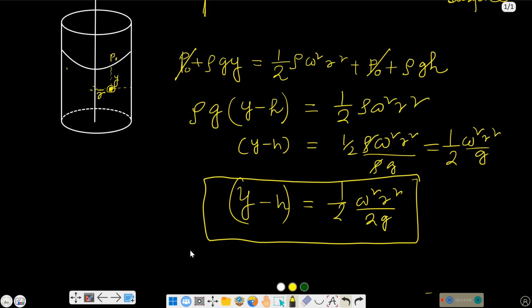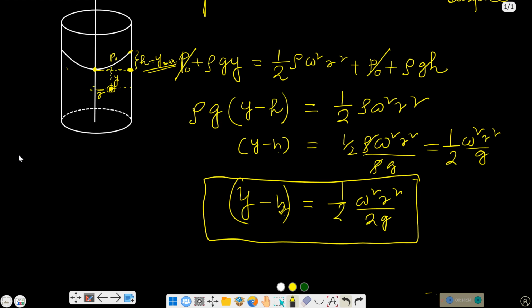Now for this element, here this is your maximum height between the center and the edge. For any element here, this h was our height. This is the y max.